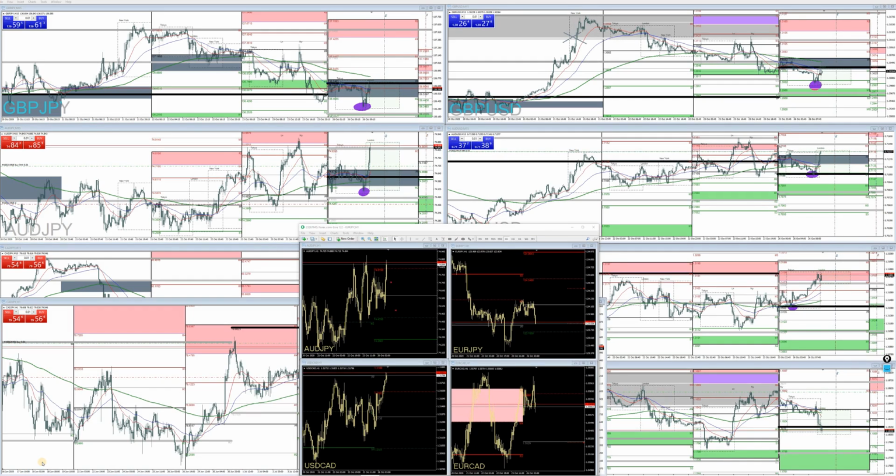Alright, looks like I'm getting notifications here that the Euro Yen is making a go for the M2 weekly on the 4 horseman trade setup. Alright, so let's go ahead and enter in our pending order.